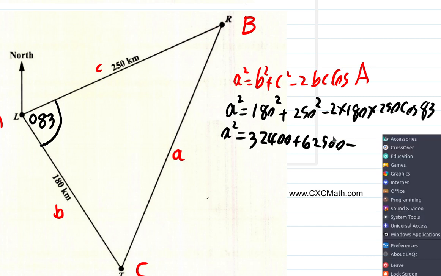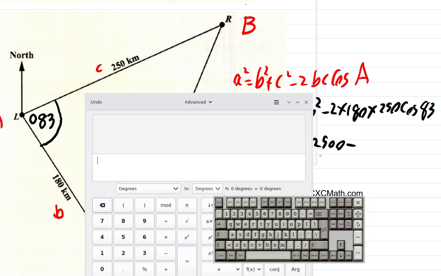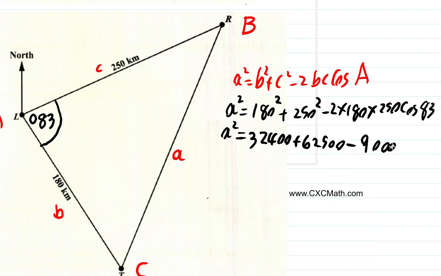What does that give us? Let's clear this. 2 times 180 times 250 equals 90,000.